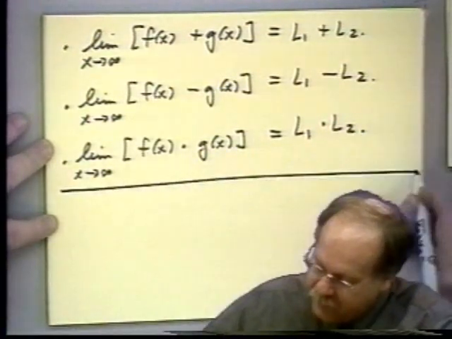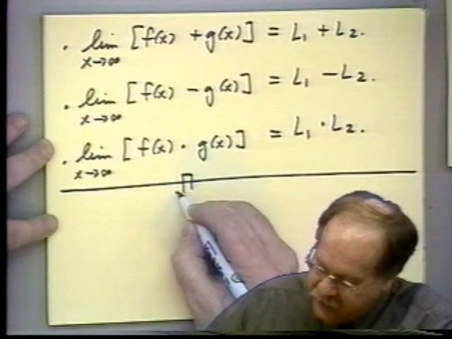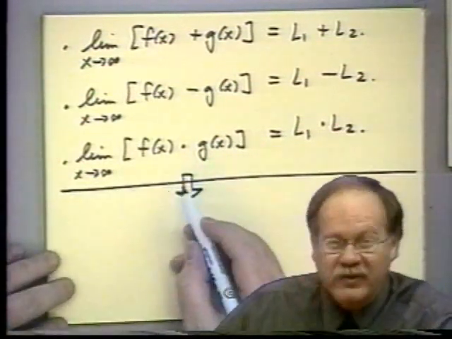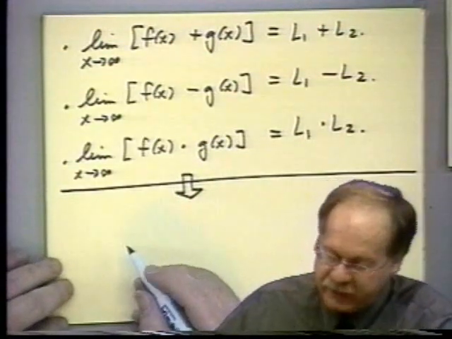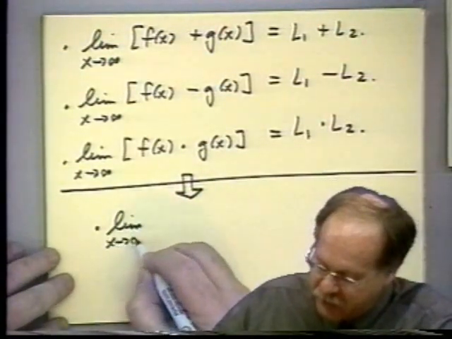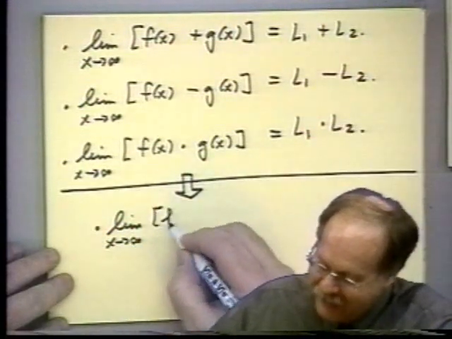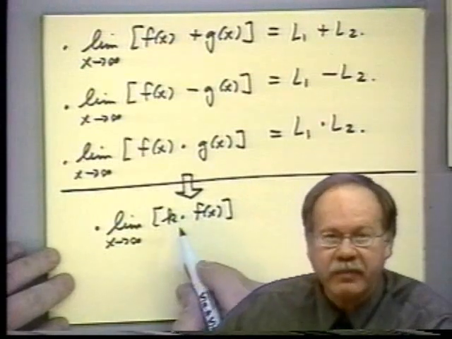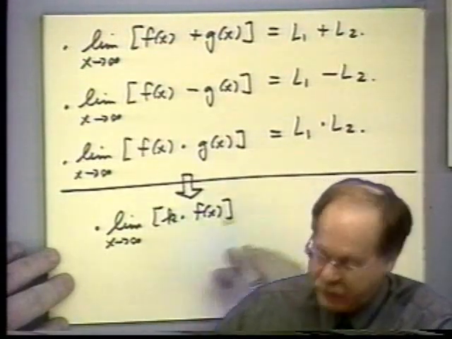Now, the product, as we saw the last time, also has a few special cases that are worth mentioning by themselves. The first one is if you take the limit as x goes to infinity of k times f of x. This is where one of the members of the product is actually k, a constant.